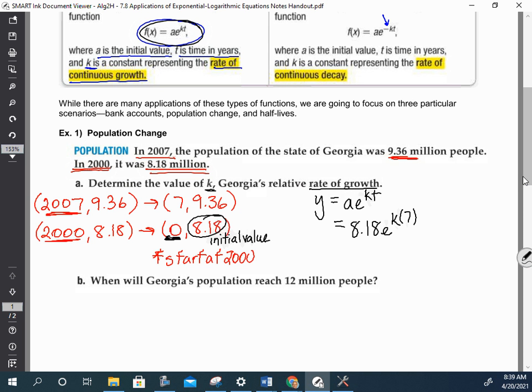So the Y value is the value that you have after 7 years, $9.36. So we've taken our information, we plugged it into the formula.